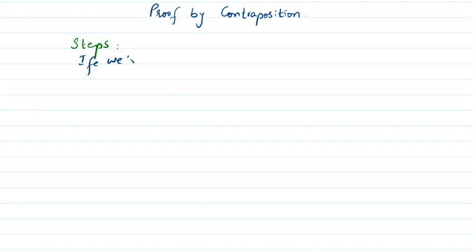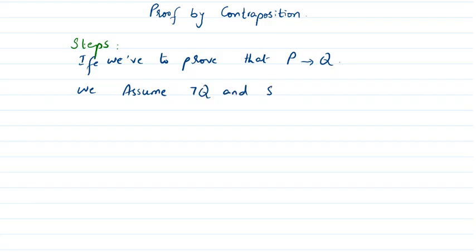If we have to prove that P implies Q, which can be read as if P then Q, we assume not of Q and we try to show not of P.